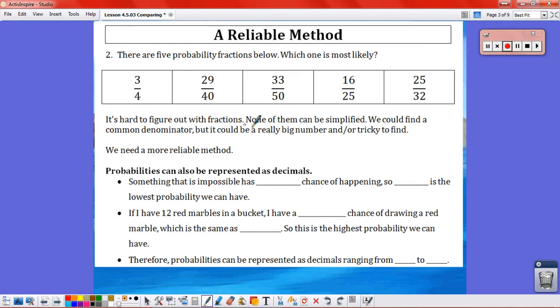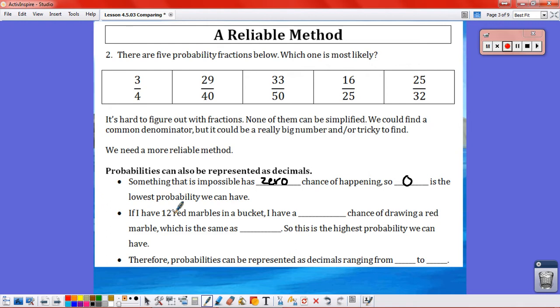I would say we need a more reliable method, but probabilities can also be represented as decimals, so we're going to try starting there. Something that is impossible has 0 chance of happening. When we say impossible, it means that that's not going to happen. So 0 is the lowest probability that we can have.